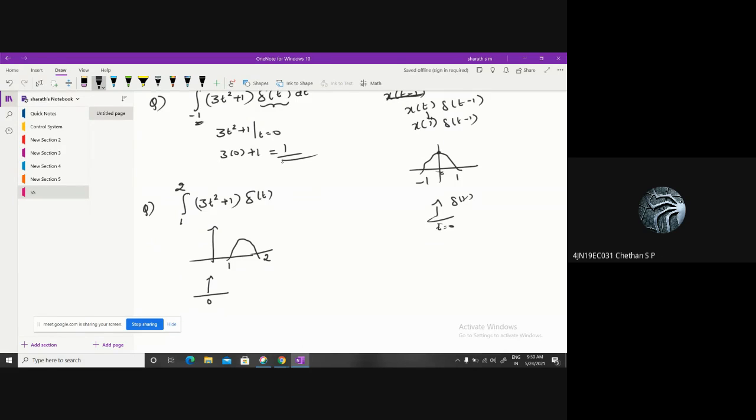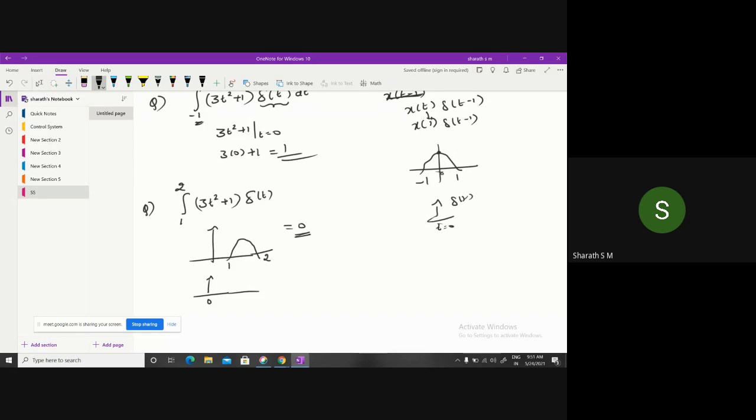No, sir, because we have a signal that ranges from 1 to 2. If you multiply these two, we don't have any amplitude level here from 1 to 2. We don't have any impulse from 1 to 2. So this whole signal output becomes zero. So the output of the signal is 0.